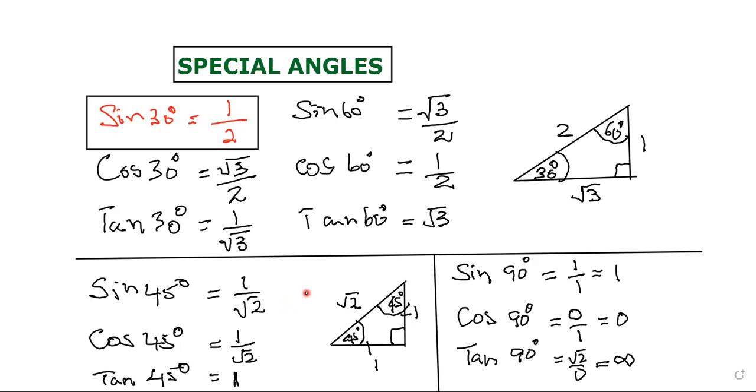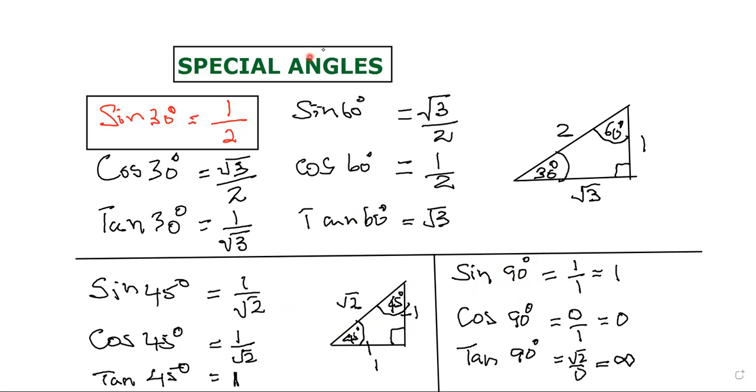So very easy. Now let's come to this ratio, sine 90. Sine is opposite over hypotenuse. So this is 90, and opposite is this. Hypotenuse is the same thing.